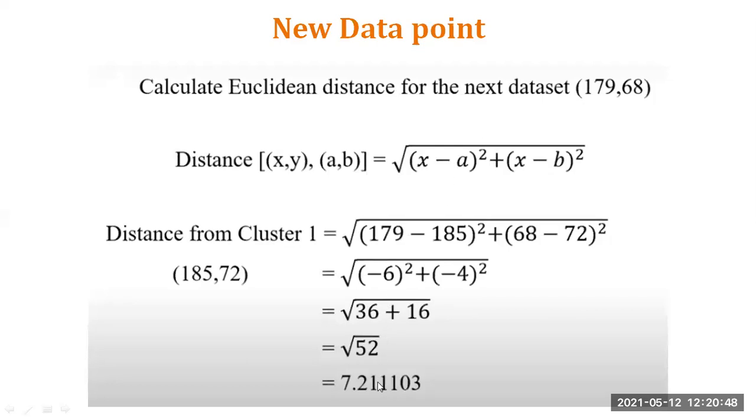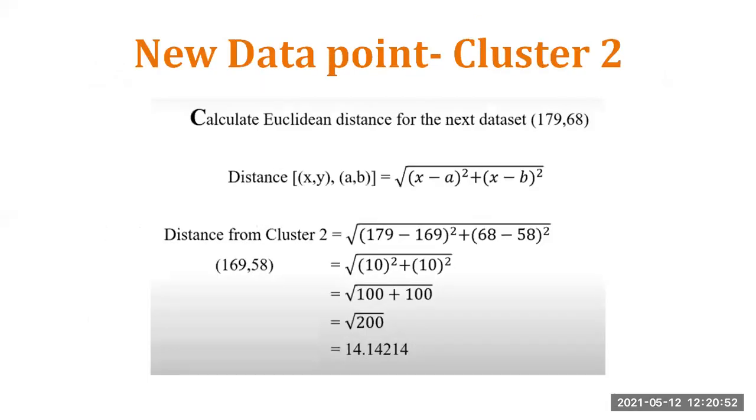Next, for this new point 179 comma 68, the cluster 2 values are 169 comma 58, which is the new updated centroid value. Whenever a point is assigned to a cluster, the centroid values need to be updated.